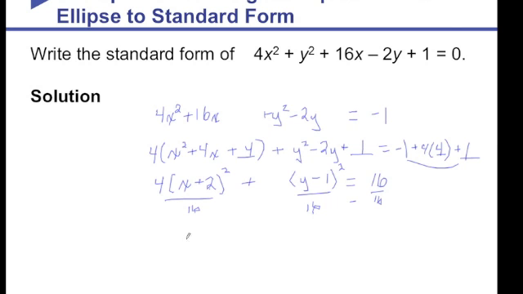So that will make this x plus 2, the quantity squared, over 4, plus y minus 1, the quantity squared, over 16. And this will equal my 1. So notice, my bigger one is here, so this is going to be a vertical ellipse.